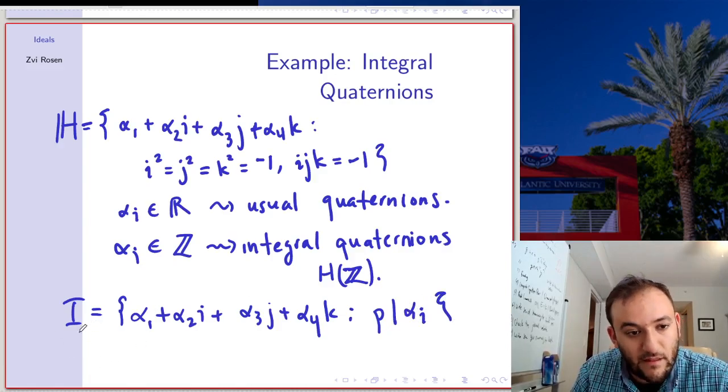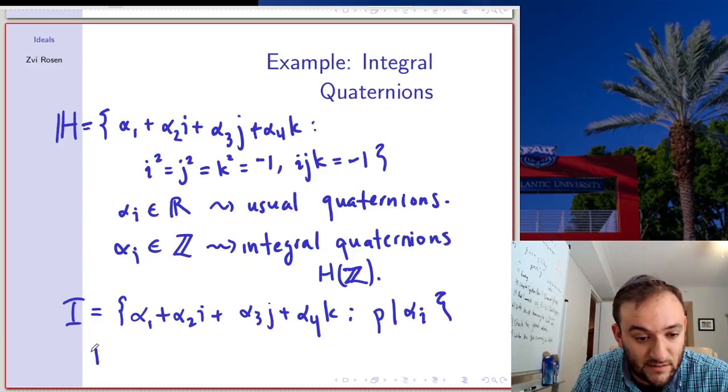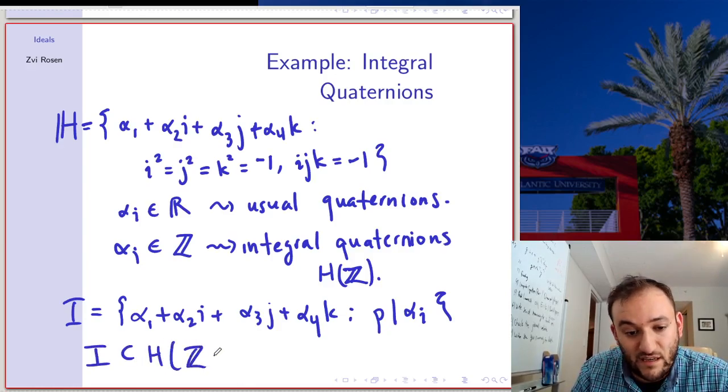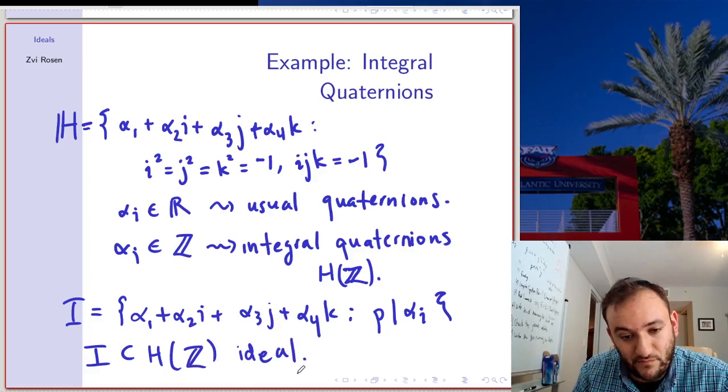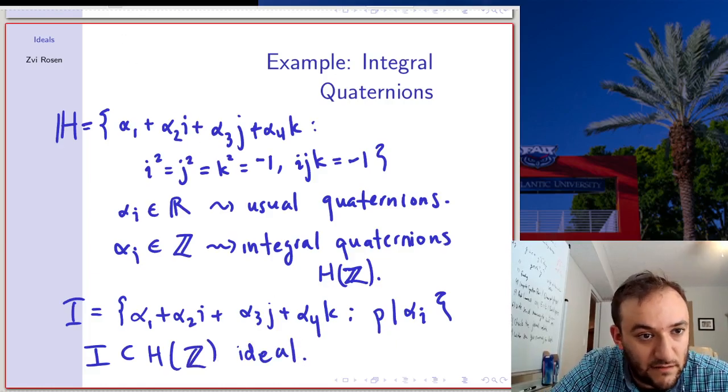Okay? Then this is an ideal of the ring of integral quaternions. So I in H of Z is an ideal.